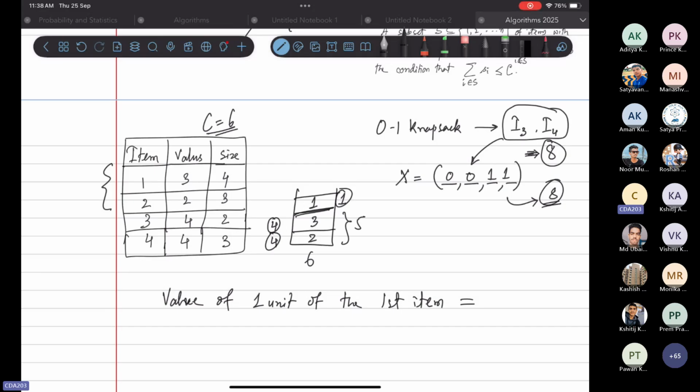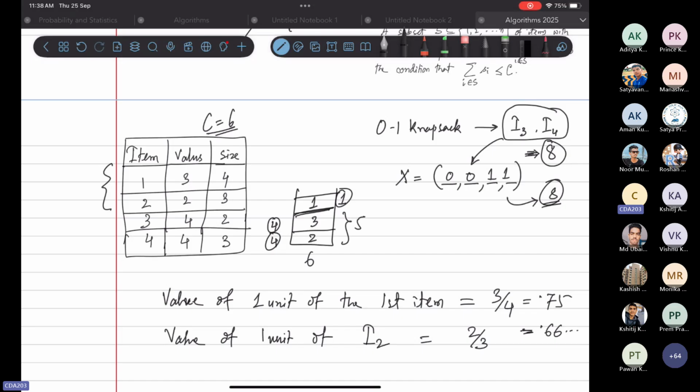Yes. So 1 unit will cost 3 by 4. What is the value of 1 unit of the second item, I2? It's 2/3. So which one would you prefer? This is like 0.75. This is 0.66.